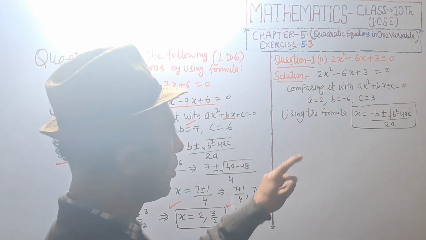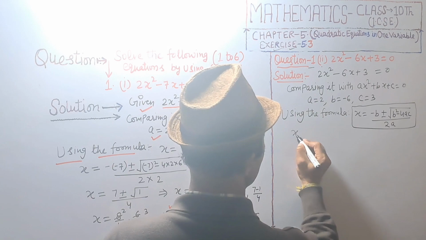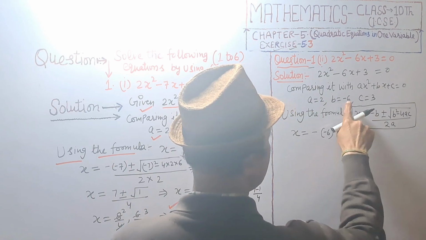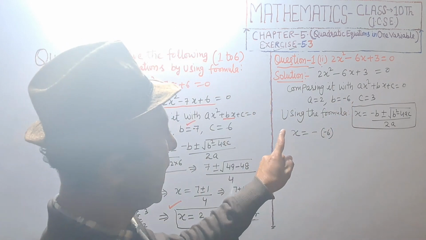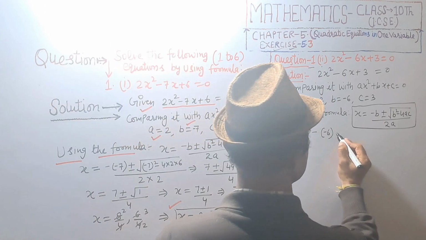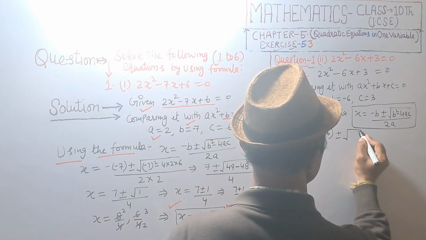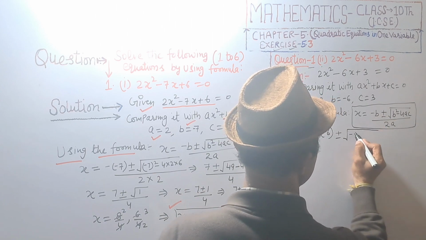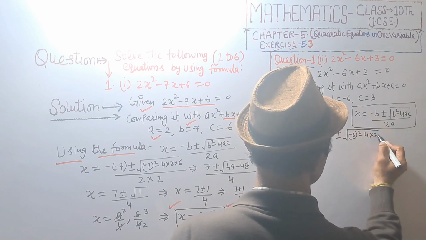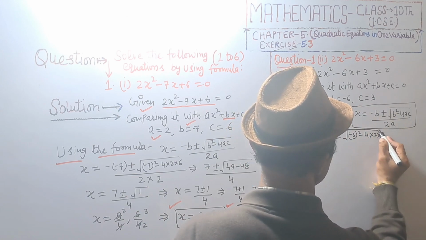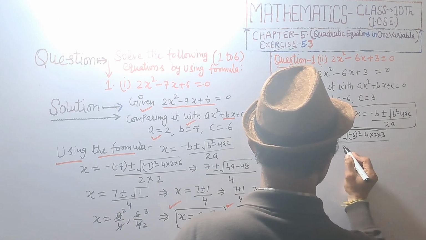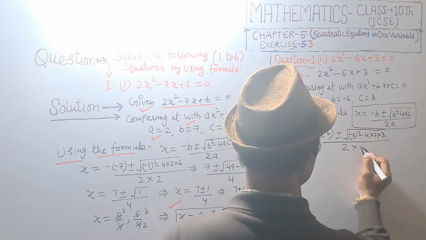We are using this formula, and b is equal to minus 6, x equal to minus into minus 6 plus minus root b square, that is minus 6 square, minus 4 into a is 2 and c is 3, divided by 2 into a is 2.